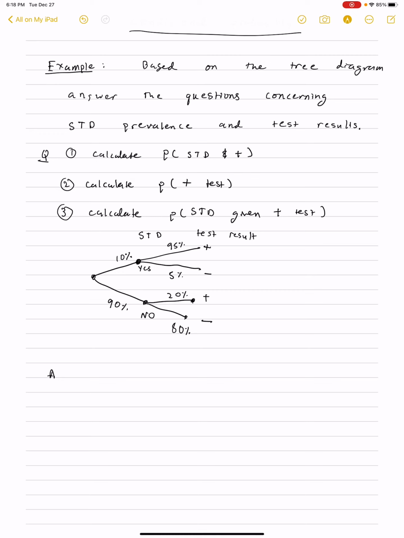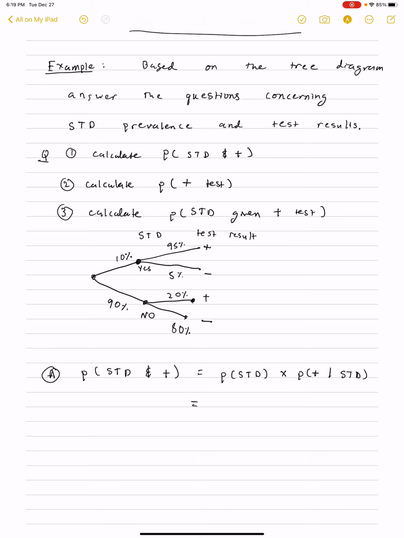Let's answer these questions. So the probability of an STD and a positive test result, well, we're going to use the conditional probability formula. This is the probability of STD times the probability they test positive given they have the STD.